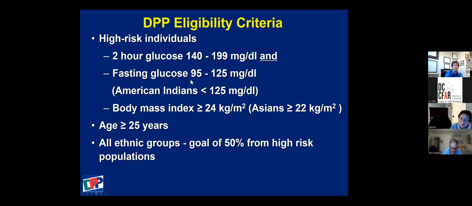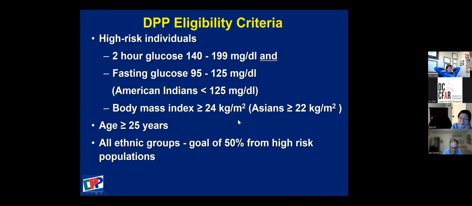The fasting glucose is between 95 and 125. We loosened our inclusion criteria for American Indians because that's one of our target populations. We want a decent number of American Indians. And the BMI is 24, but for Asians it's lower, because the threshold for Asians is just lower.